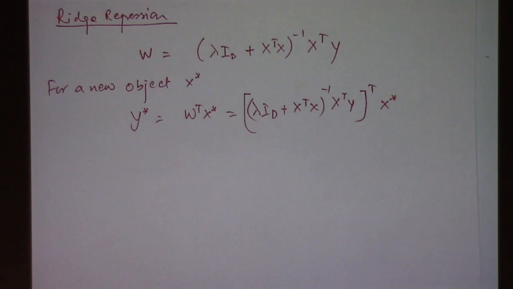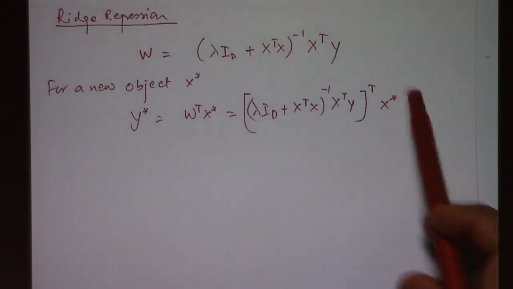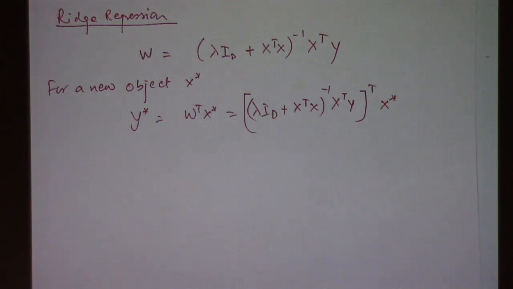But what we can do is rearrange this term using something called the Sherman-Morrison-Woodbury formula. There's a matrix inversion lemma, which is fairly popular. If you look up the matrix cookbook that I talked about, it's on page 120.